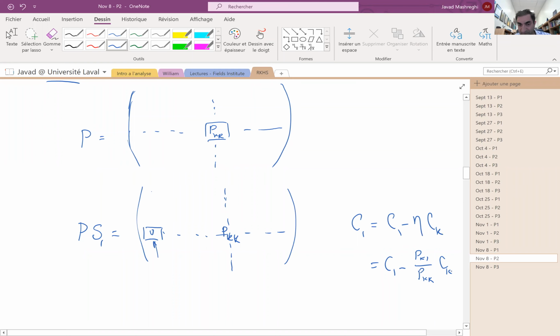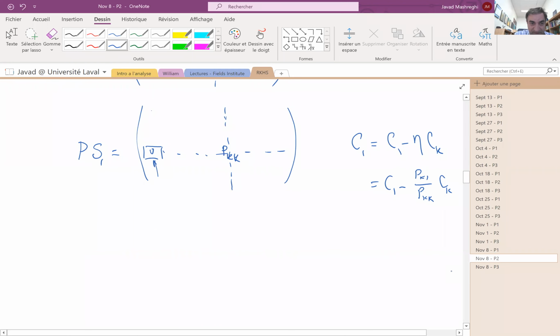And the matrix we need, S1, is this matrix. C1, 0, minus PK1 divided by PKK, here.